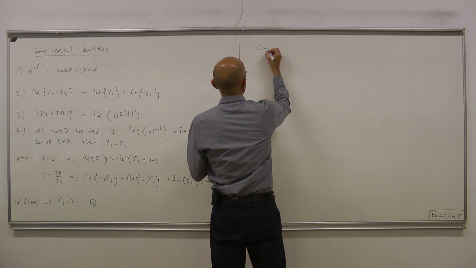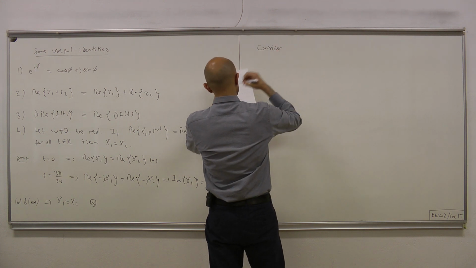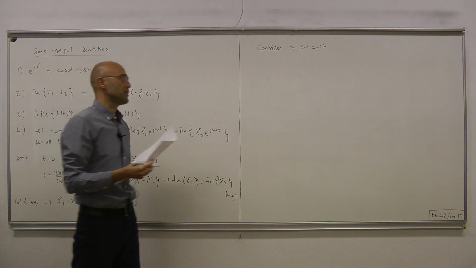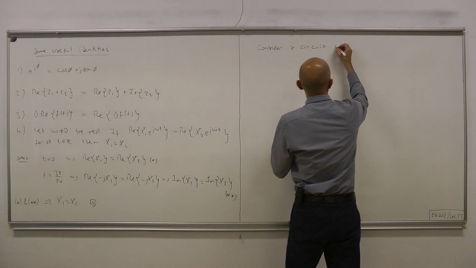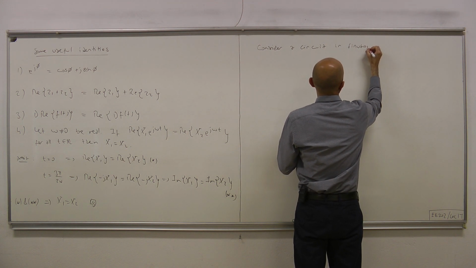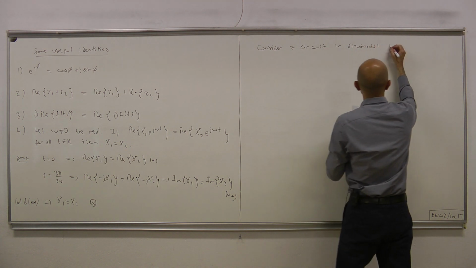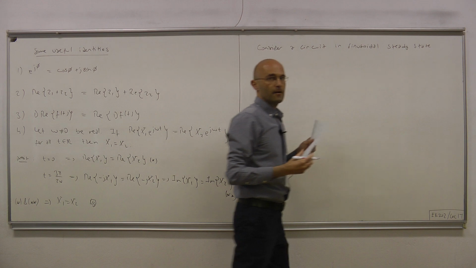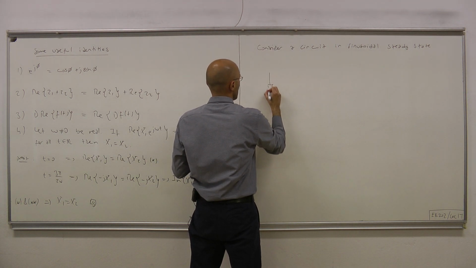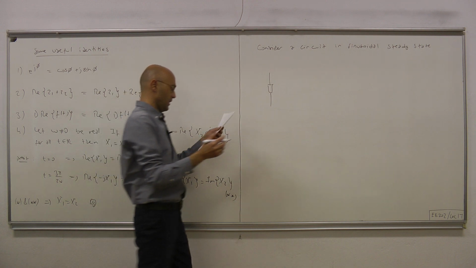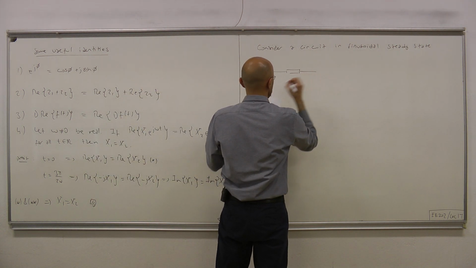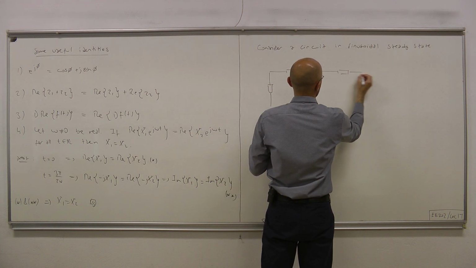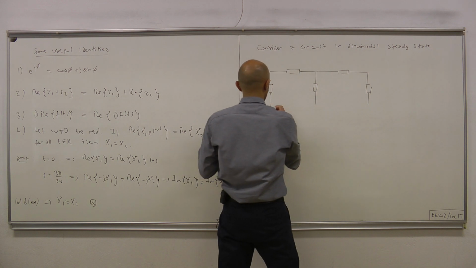Consider a circuit that has reached sinusoidal steady state. It's not important what the component at each branch is, so we're just going to represent them as little boxes or little triangles, and suppose that we have a circuit with 5 components.